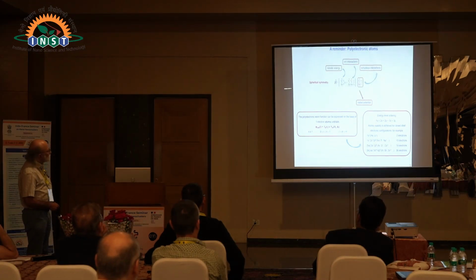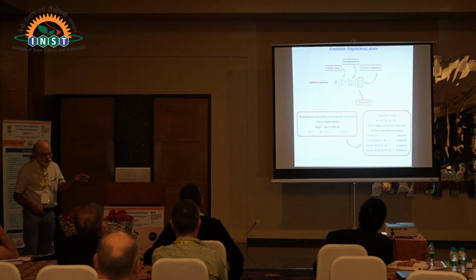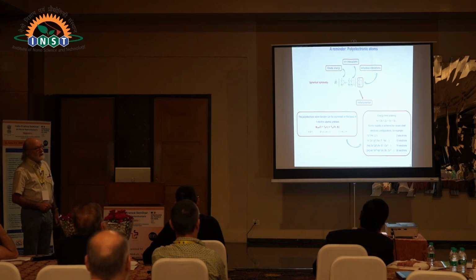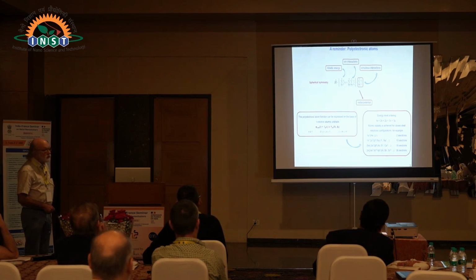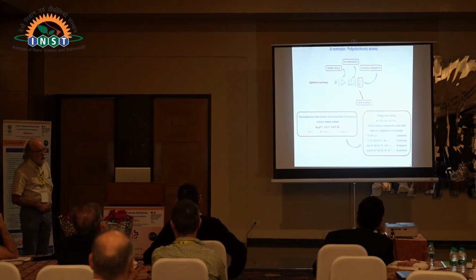We know that the solution of the Schrödinger equation is a polyelectronic wave function, but we usually express it on the basis of one electron functions, which we call atomic orbitals, which are the product of a radial function and an angular function, which is a spherical harmonics.